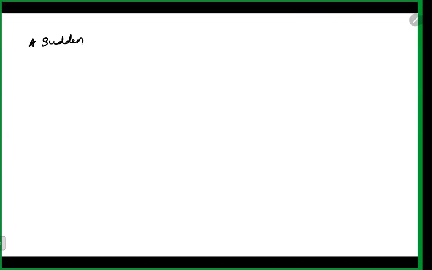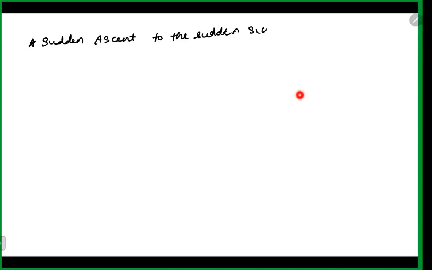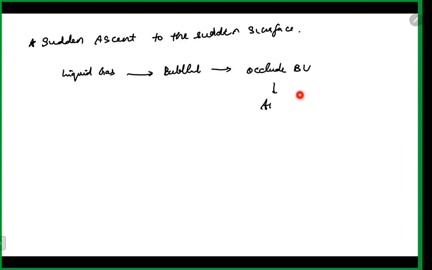But whenever you have a sudden ascent to the surface, your liquid gas, as I told you, in high atmospheric pressure it will be in liquid form, is going to get bubbled inside your lungs, and it can occlude the blood vessels, and this can lead to air embolism.